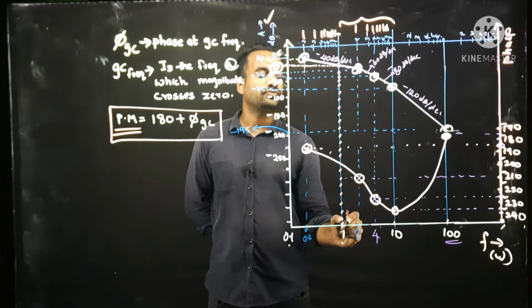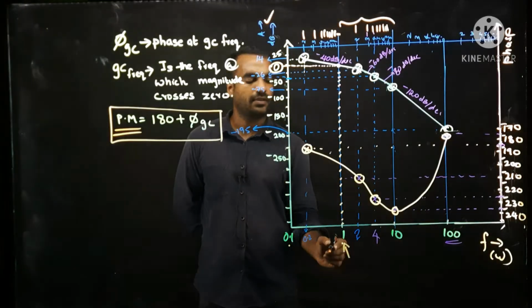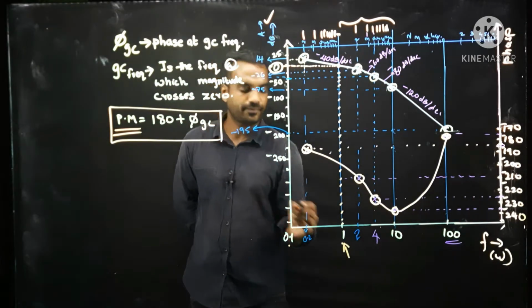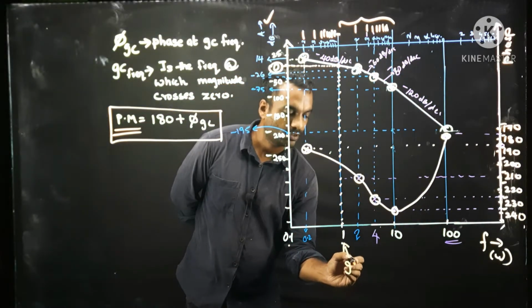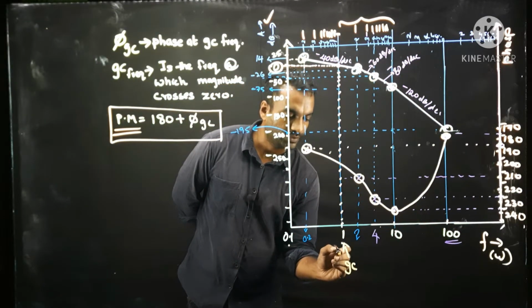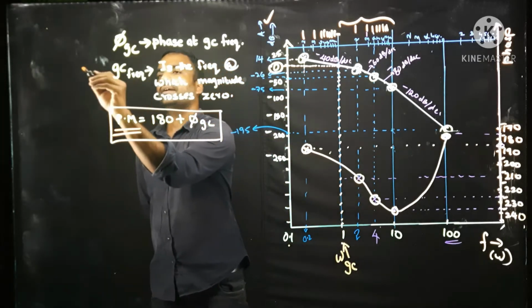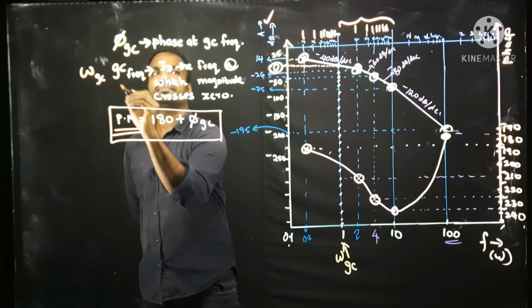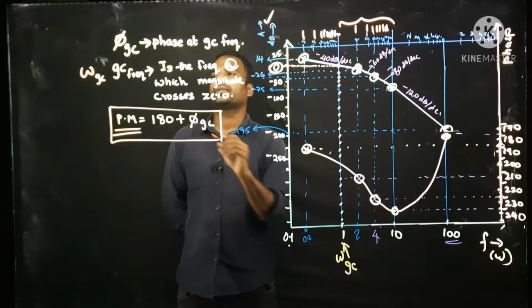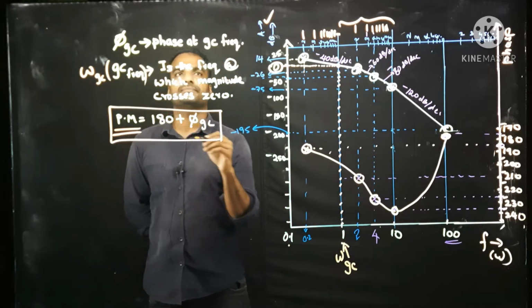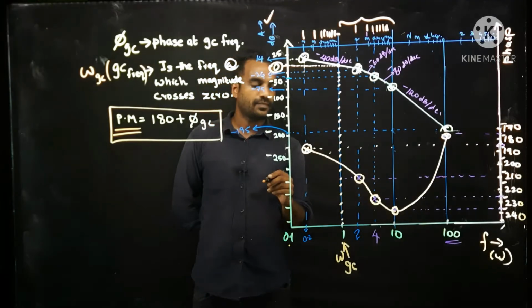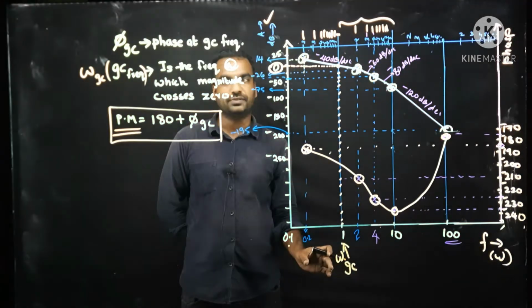So this will be that frequency. What was its name? Gain crossover frequency, omega GC. So we got the gain crossover frequency.